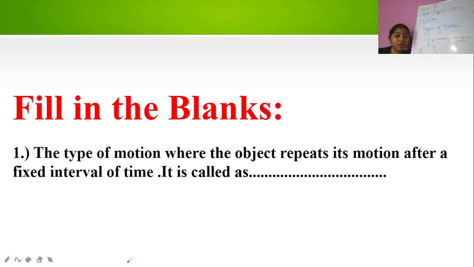Yes, very good. Write your answer in the comment box. That is periodic motion. Okay, very good, students. You check your answer.